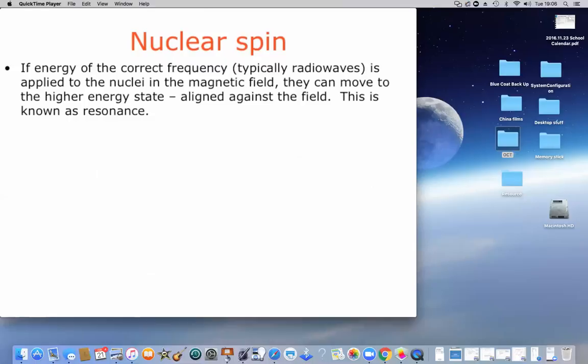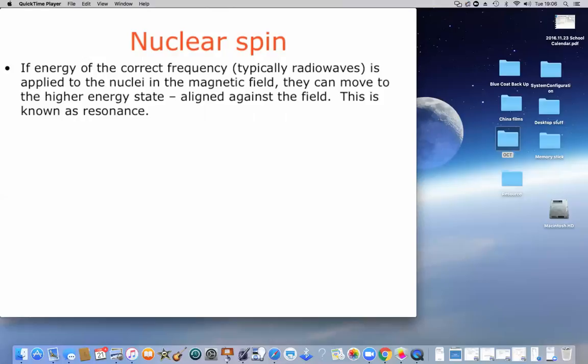The way that nuclear magnetic resonance works is that your nuclei will line up with your applied magnetic field, but if you can apply the correct frequency of energy to those nuclei, they can align themselves in the opposite direction, against the field rather than with the field. And that is a higher energy state, and this process is known as resonance.